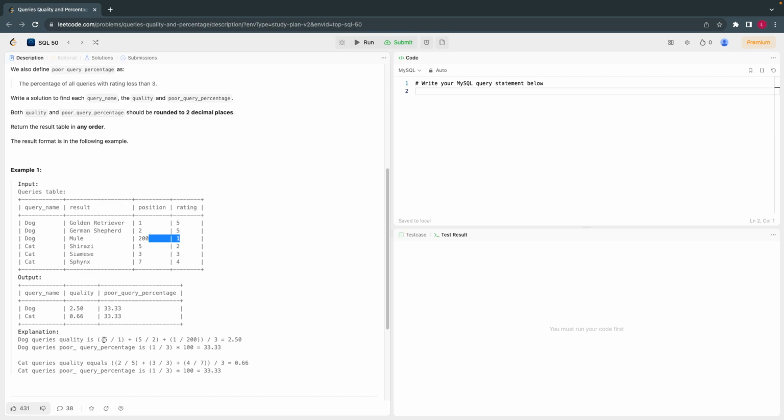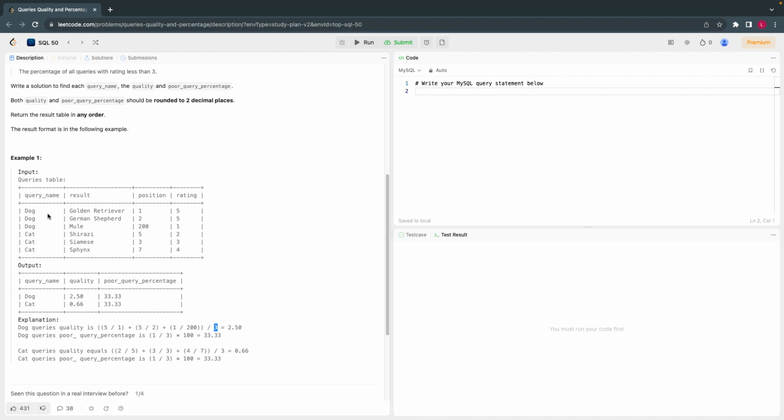That's what they have given: 5 divided by position 1, plus for each there are 3 records, so you have to take this divided by this. Once you do all of this, you have to sum each value, and because they are asking us to calculate average for each query name, there are 3 records, so obviously we have to divide by 3.